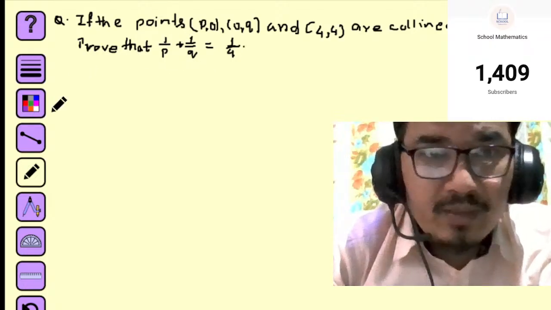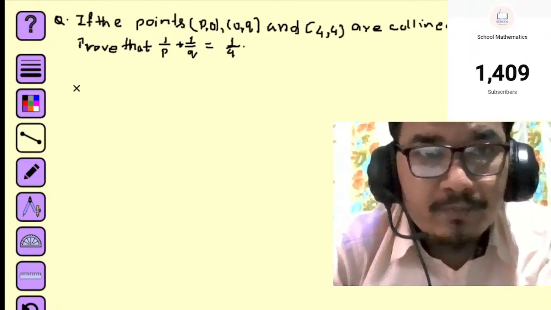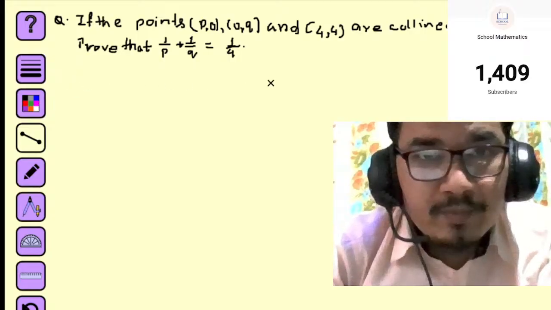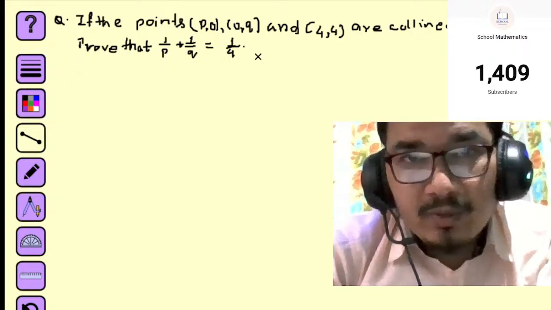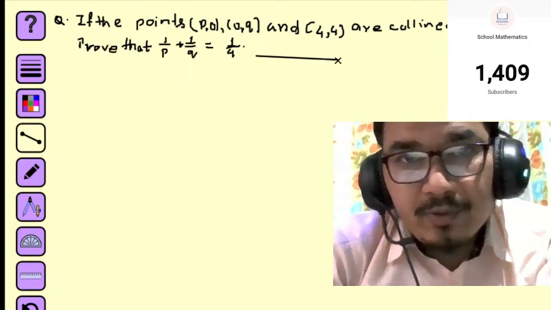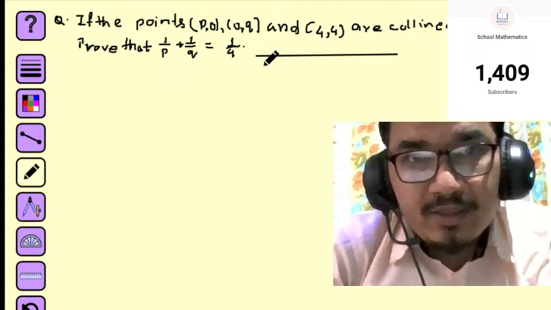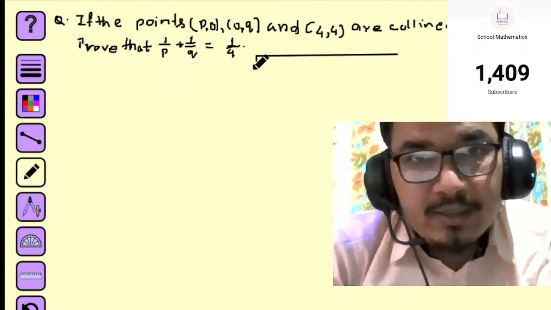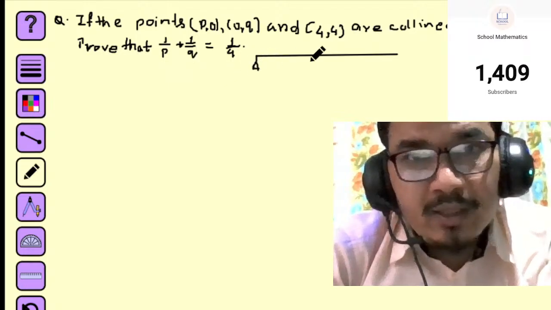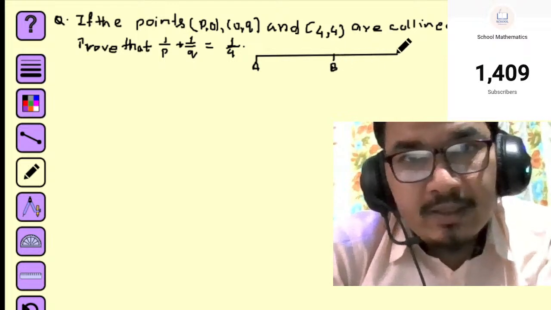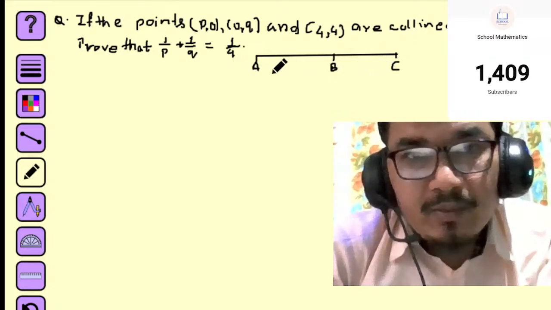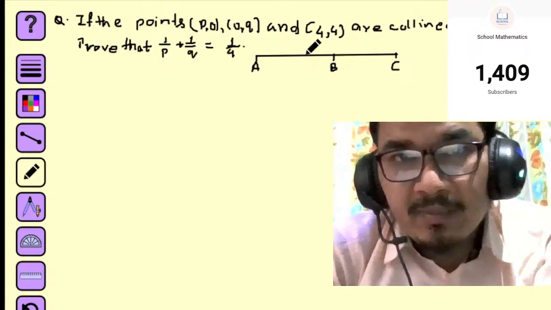And what is the meaning of collinear? That also I want to show you here. Look at this line. The meaning of collinear means, suppose there is A, this is B, and this is C. All the given points are lying on the same line.